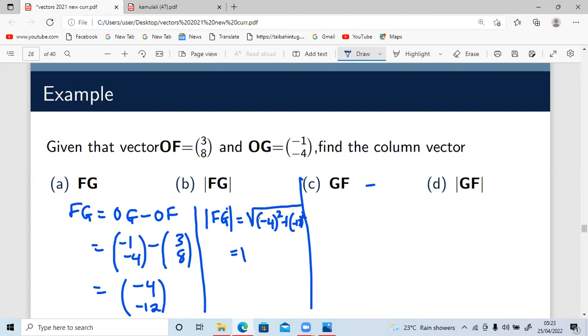Then that will give us 4 squared is equal to 16 plus 12 squared shall be 144. 144 plus 16 is 160. Then the square root of 160 shall be 12.649. Okay, good. Thank you, George.